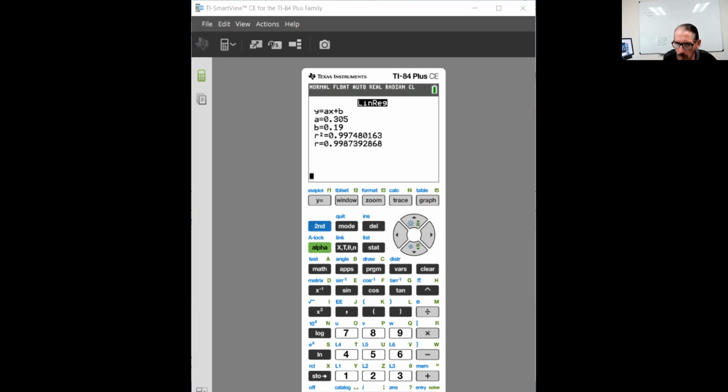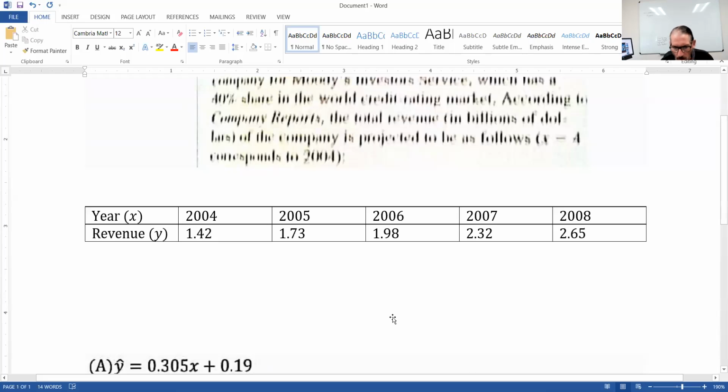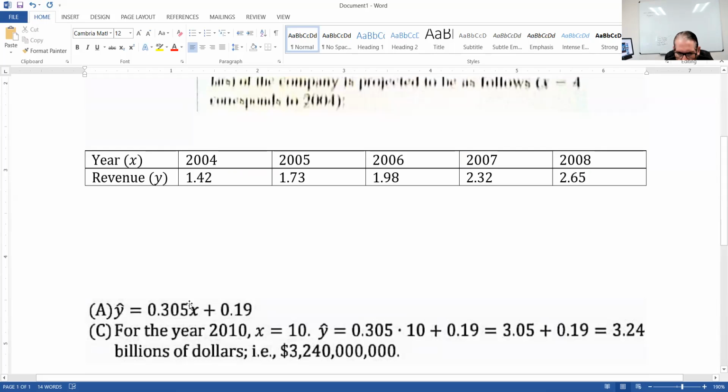So notice here that when I put it in slope-intercept form, you've got y with this funny symbol over it, read as y hat. Y hat is a prediction of y, which may not match up with the actual values. In fact, let me go back to the calculator here.